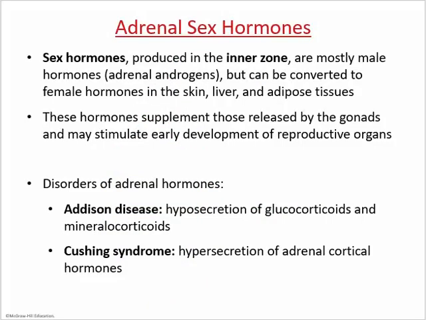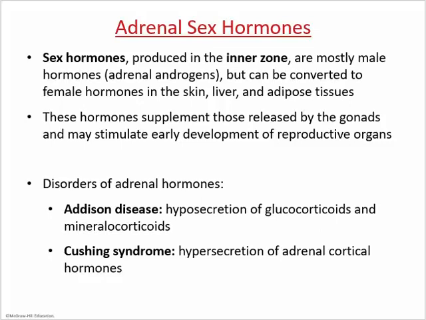The adrenal glands also produce sex hormones. So this is really androgens, adrenal androgens. It's virtually testosterone. It's the only source of testosterone in women. It is an insignificant contributor in men to testosterone.